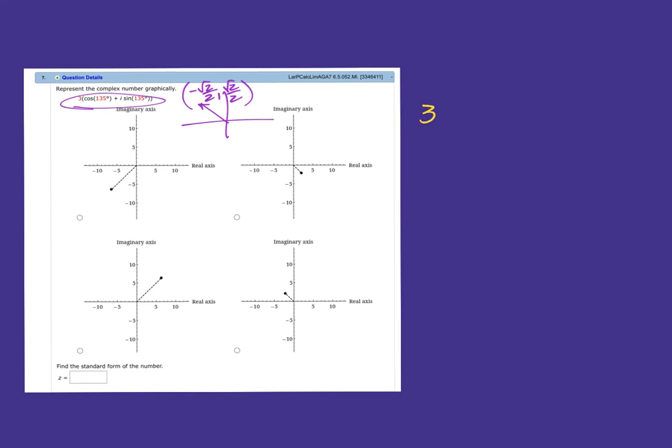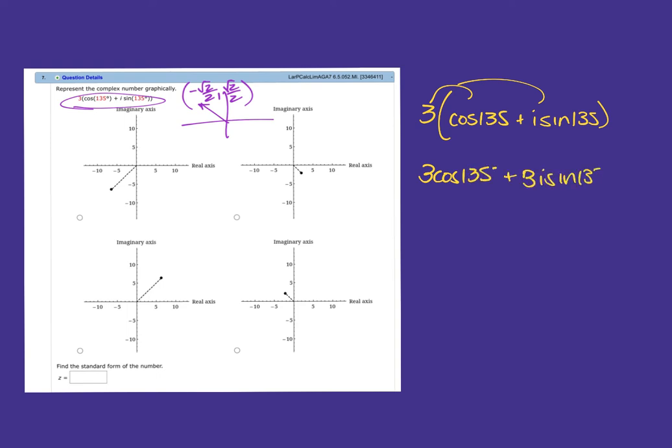So it'd be 3 times the cosine, which would be root 2. Well, I can distribute first. Let me distribute so it's less confusing. Cosine 135 plus i sine 135, we would distribute. So it'd be 3 cosine 135 plus 3i sine 135.